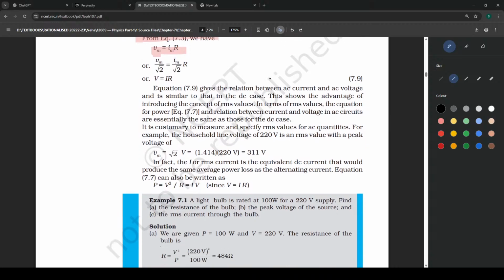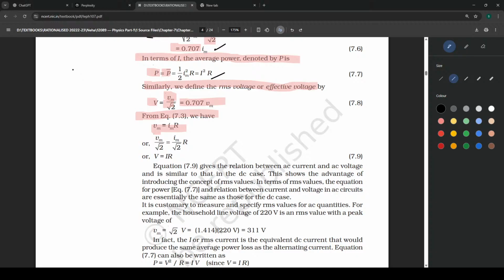And the convention of denoting RMS values is, we denote RMS values by writing VRMS or IRMS, or simply writing V or I. If there is nothing in the subscript, or if there is RMS in the subscript, it is generally an RMS value. There is a convention to denote this.